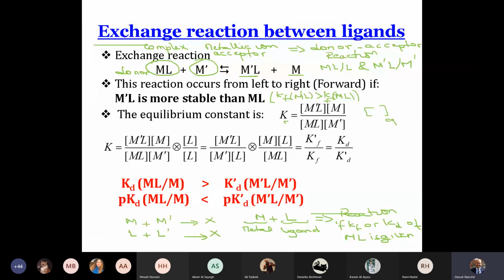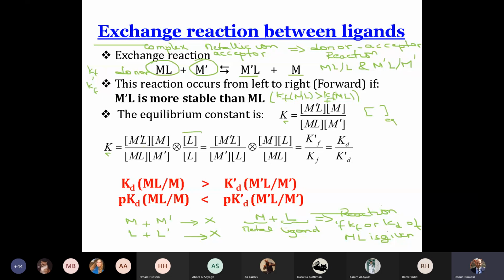So Kr equals M prime L divided by M times M divided by ML M prime. I don't have Kr. I should deduce Kr given only Kf and Kf prime. So I should transform Kr to Kf and Kf prime.